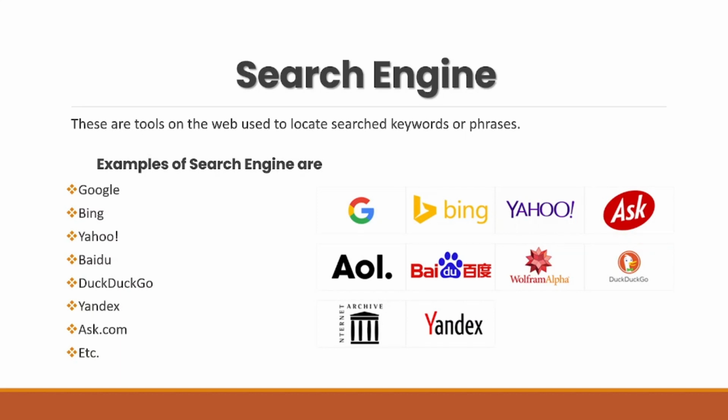Examples are Google, Bing, Yahoo, Baidu, DuckDuckGo, Yandex, Ask.com, etc. We have many others, but to name a few, these are examples of search engines, and I used to refer to them as the librarians of the web.